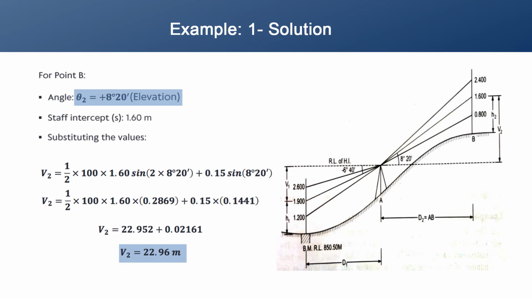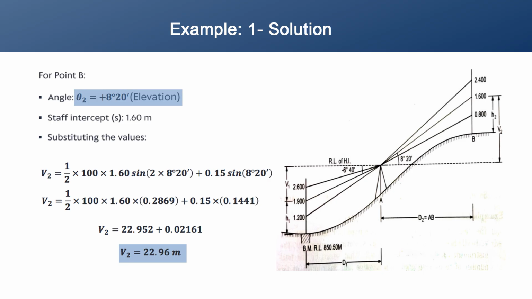Now, for the point B, similar to the benchmark problem, we proceed in the same way. The angle theta 2 given to you is 8 degree 20 minutes, that is elevation, and the staff intercept S is 1.60 meter. Substituting the values in the formula, we get V2 is equal to half into 100 into 1.60 sin 2 into 8 degree 20 minutes plus 0.15 sin 8 degree 20 minutes.